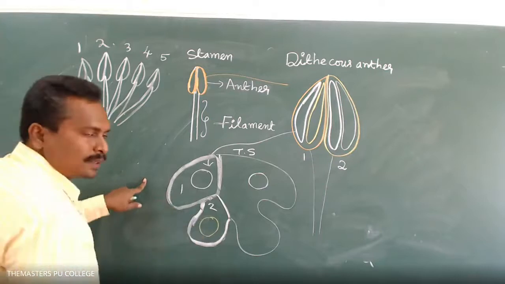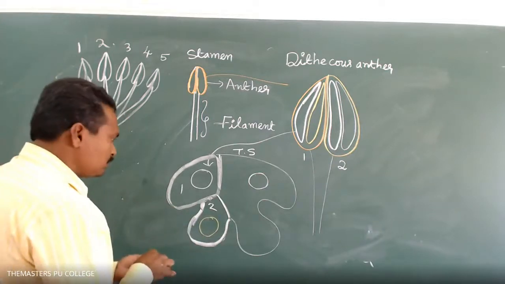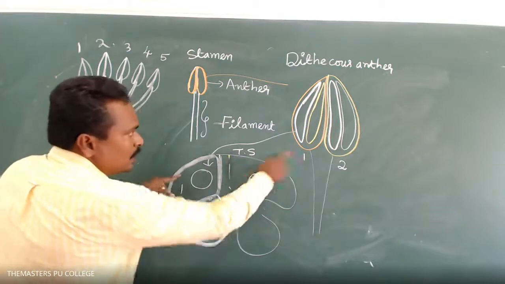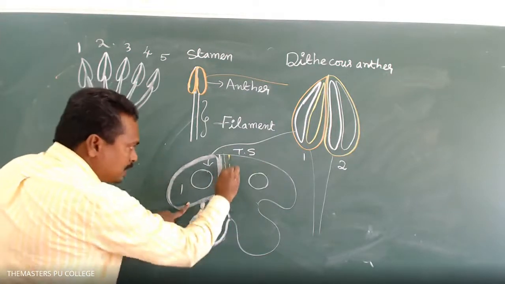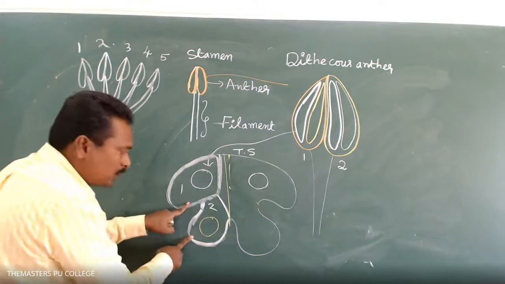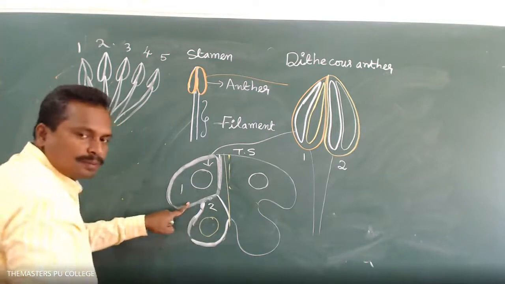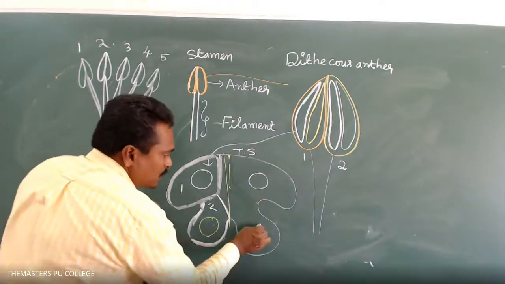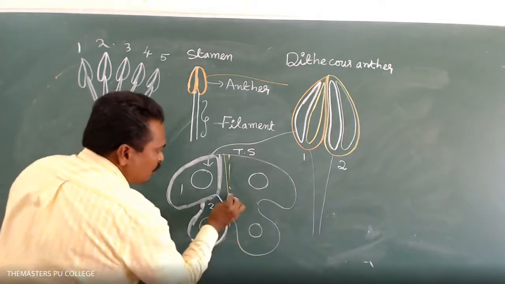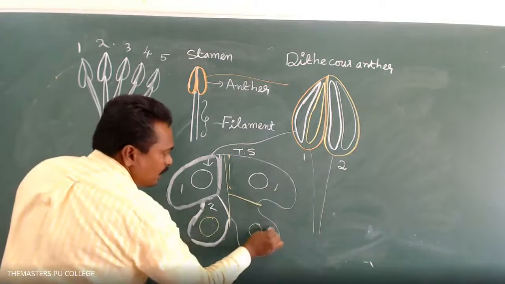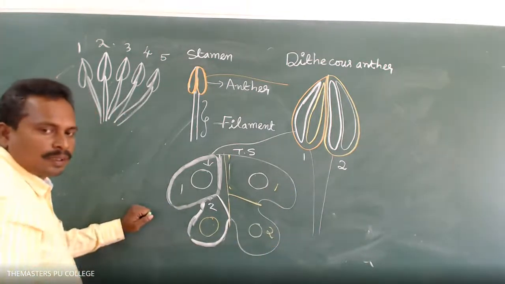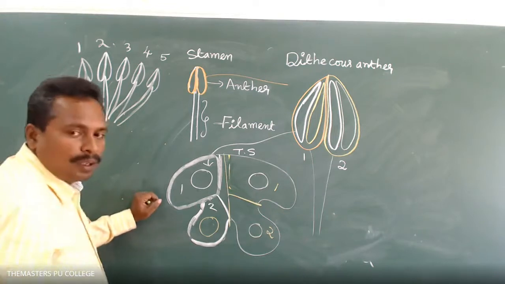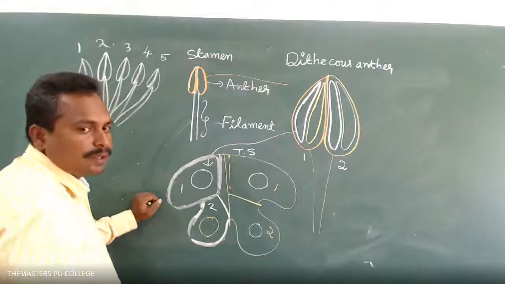Next, this is the other lobe. Each lobe consists of two chambers. So altogether, how many chambers are present in a dithecous anther? Four chambers, right?